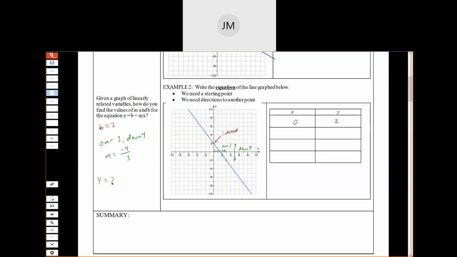So I can write y equals 2 minus 4/3 x. And we could write down what that second point is. Over 3 would be an x value of 3, and down 4 is a y value of negative 2. But just counting the over and the up or down was enough to get the slope, and that gives us the equation.